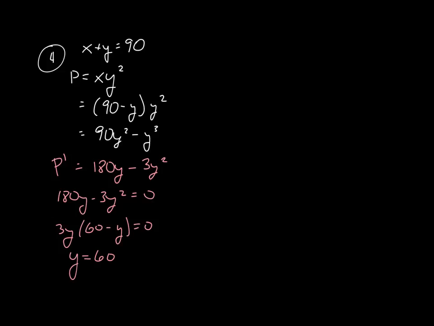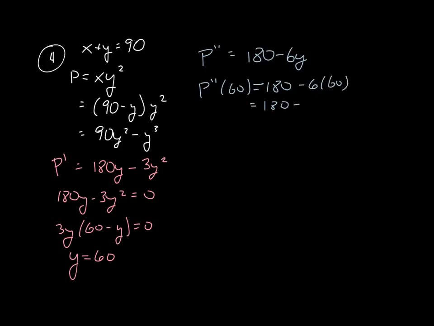And again, I think I'm going to use the second derivative test. The second derivative is 180 minus 6y. At y equals 60, I get negative 180.